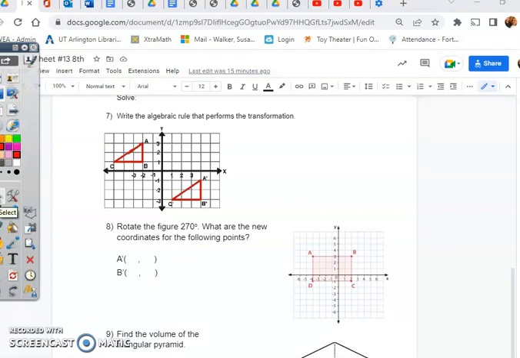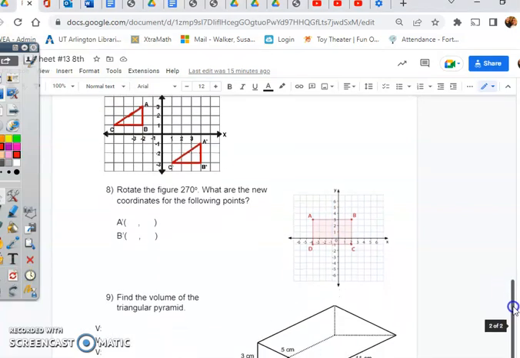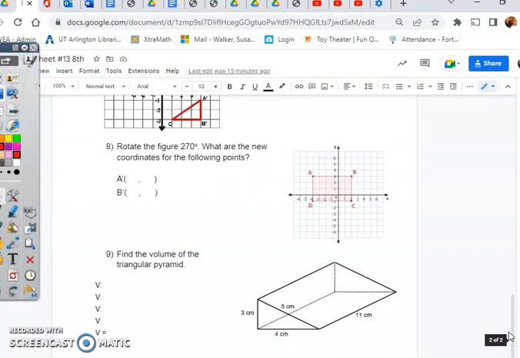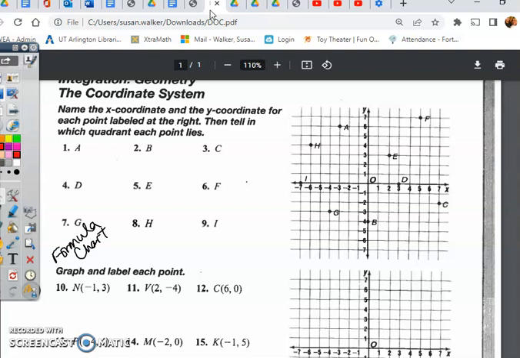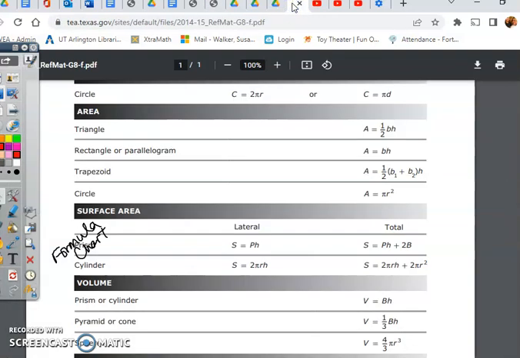And the last one that I'm going to do is I'm going to do volume of the triangular pyramid. So you need, again, you need your formula chart. Okay? Gotta click to find where my 8th grade formula chart is. Is this 8th grade? This is it.